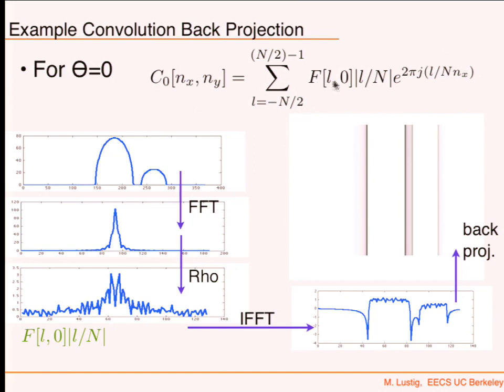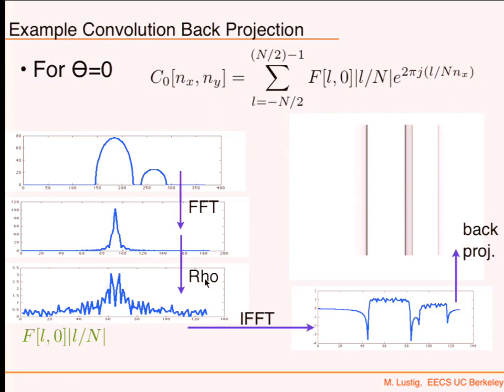Now I get F[l, 0]. Now I multiply by |l| over N. This is the rho filter. This is how it looks.